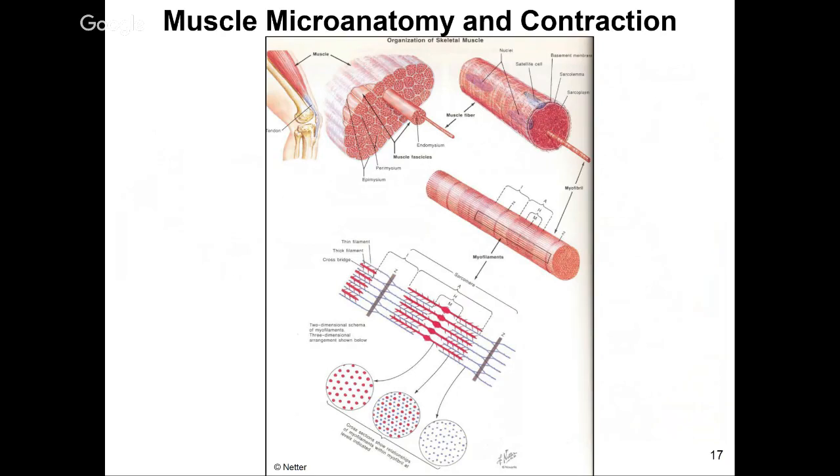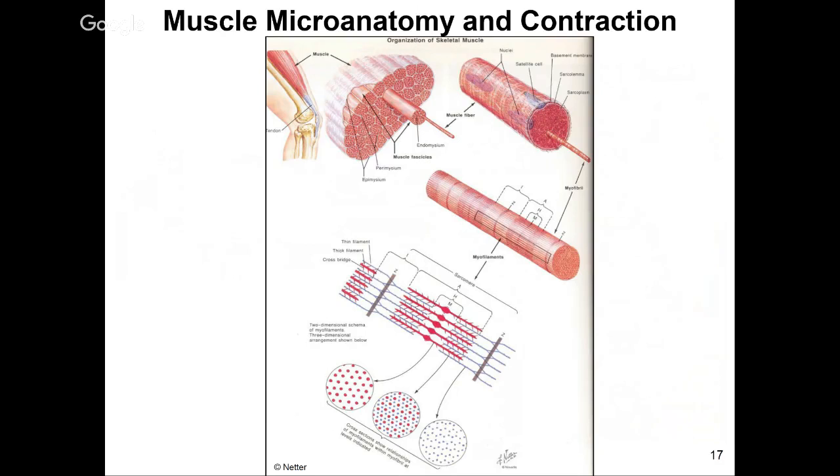Your quad muscle is made of many muscle fascicles, and from that image, it looks like there's at least 20 or 30 fascicles there. Each fascicle is made of about 20 muscle fibers. Each fiber is made up of maybe 50 or so myofibrils.